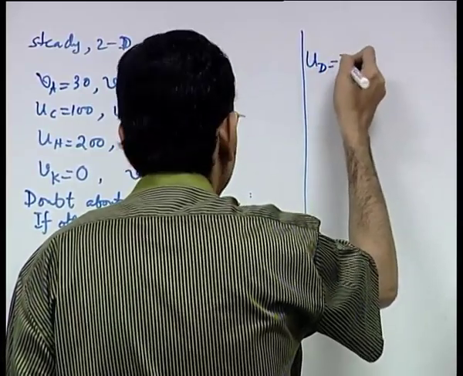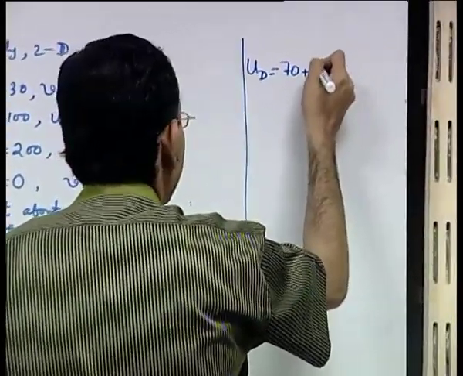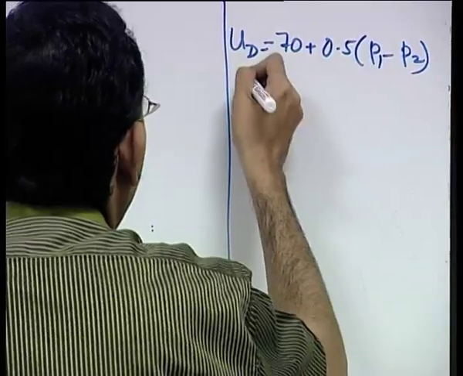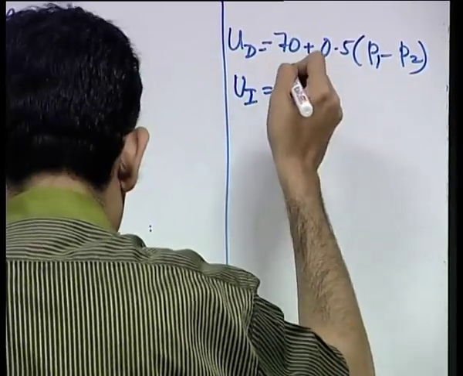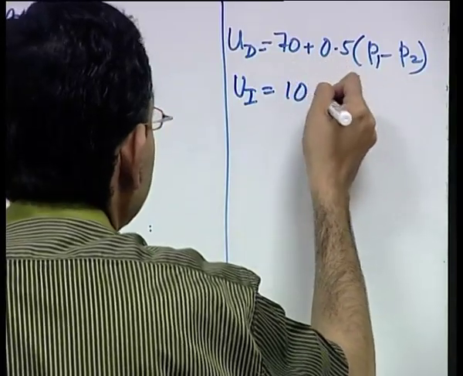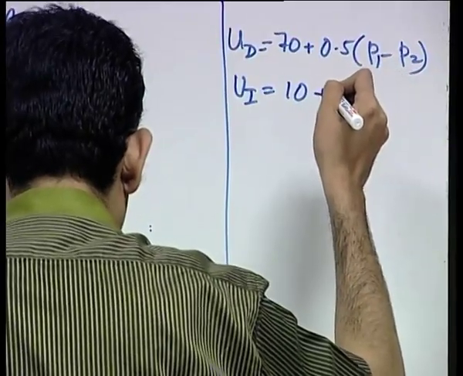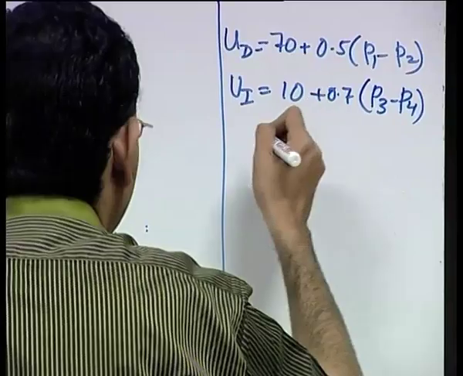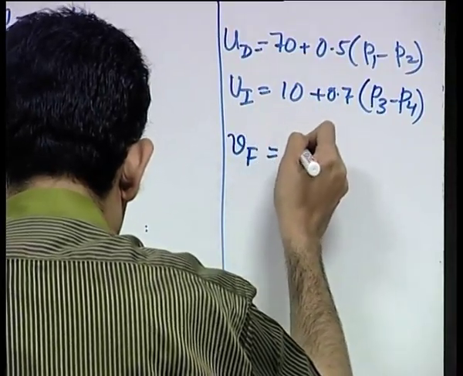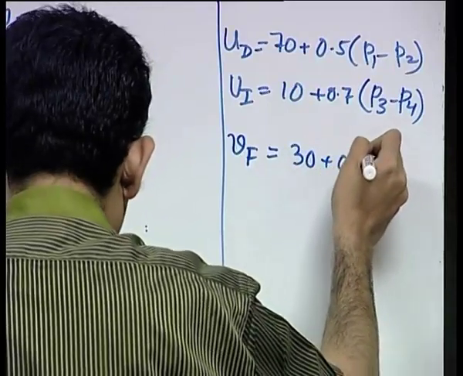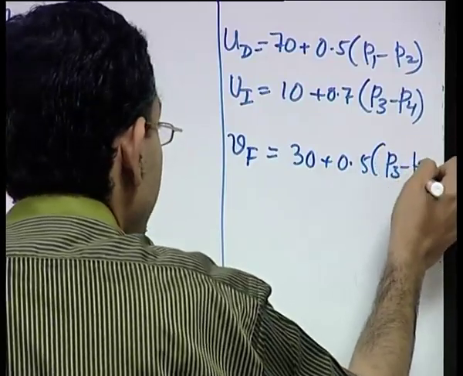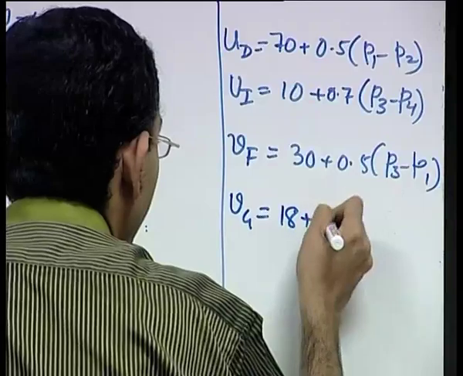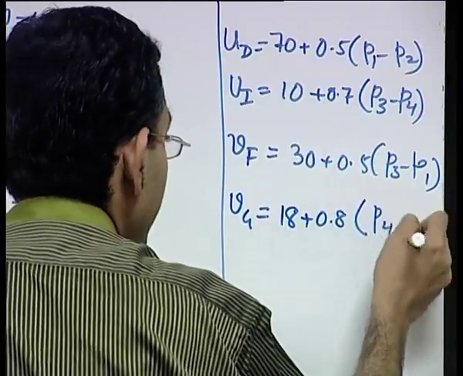Ud is equal to 70 plus 0.5 into P1 minus P2, Ui is equal to 10 plus 0.7 into P3 minus P4, Vf is equal to 30 plus 0.5 into P3 minus P1, Vg is equal to 18 plus 0.8 into P4 minus P2.